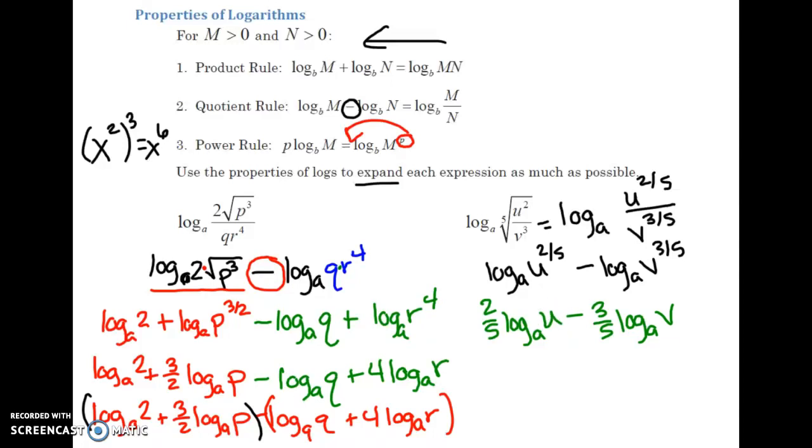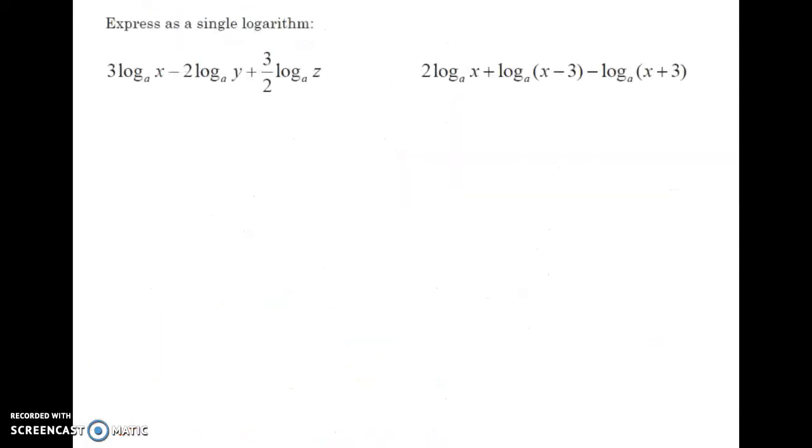Okay. All right, next example. In the last ones, now we're going to express them as single logarithms, meaning I'm going to get these back down to just a single log. Now, the order that I go in is I start with anything in the front. So if there's anything in front of the logs, I turn those to exponents, because something in front means that it was an exponent originally.